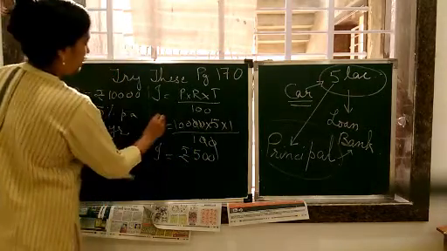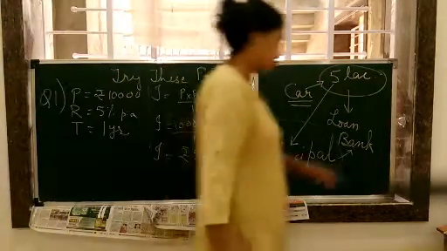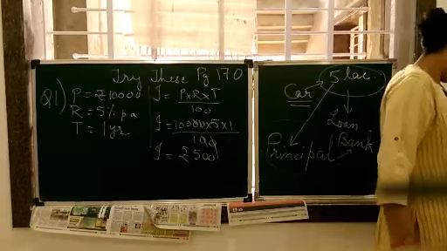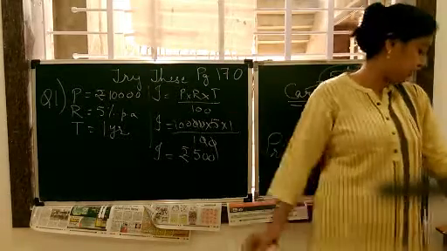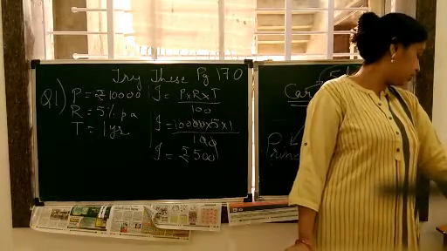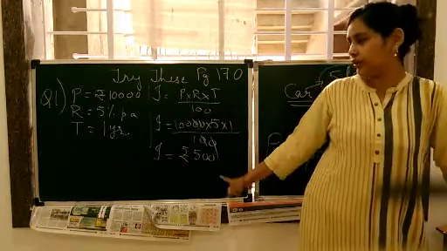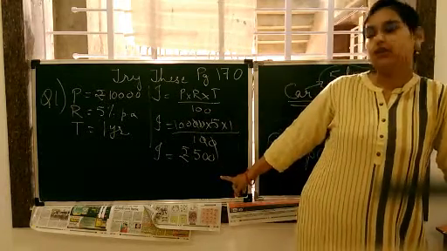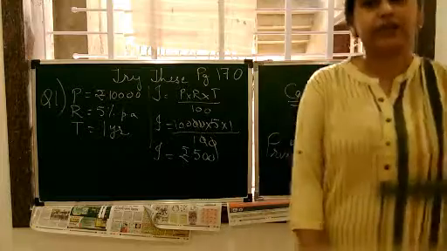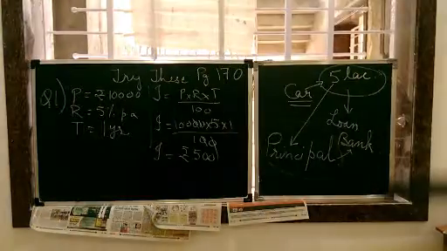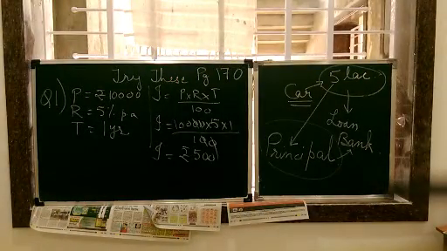So this is the interest. Do we have to find the amount also? Just see the question. No, it is only to find the interest. Find the interest at the end of 1 year. So this is how we are going to do. Got it? Today we are going to do till here only. Tomorrow we are going to discuss question number 2 also. So complete your work till here.